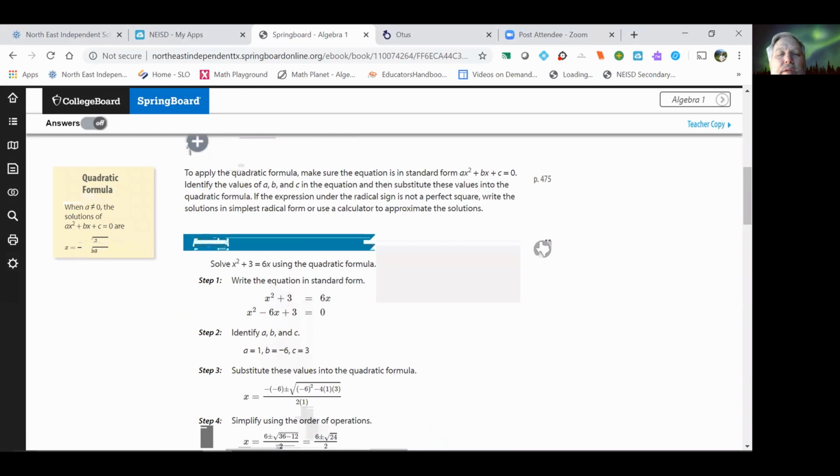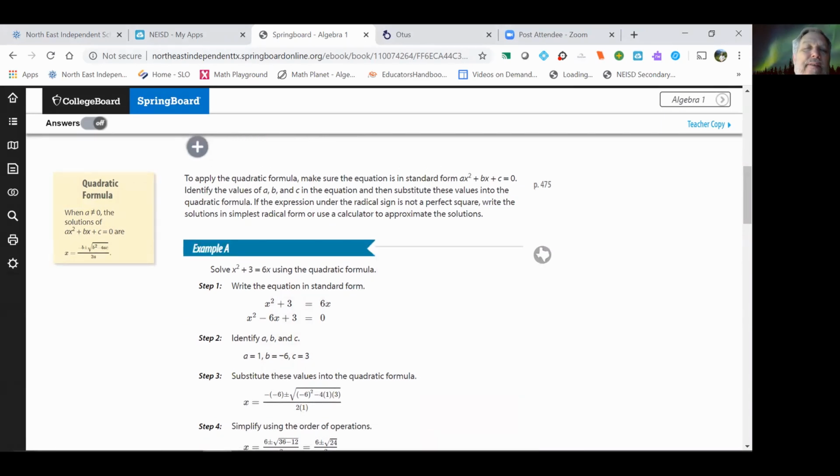And so we're just going to plug those into the quadratic formula. Now, remember, we want to always write down the formula before we use it. So the formula we're going to plug into is x is equal to negative b plus or minus the square root of b squared minus 4ac, all that over 2a. And we're just going to simply plug in the information.